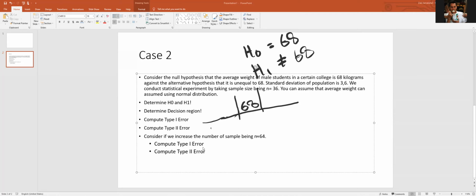So if the H0 is equal to 68, then is it going to be like this, sir?